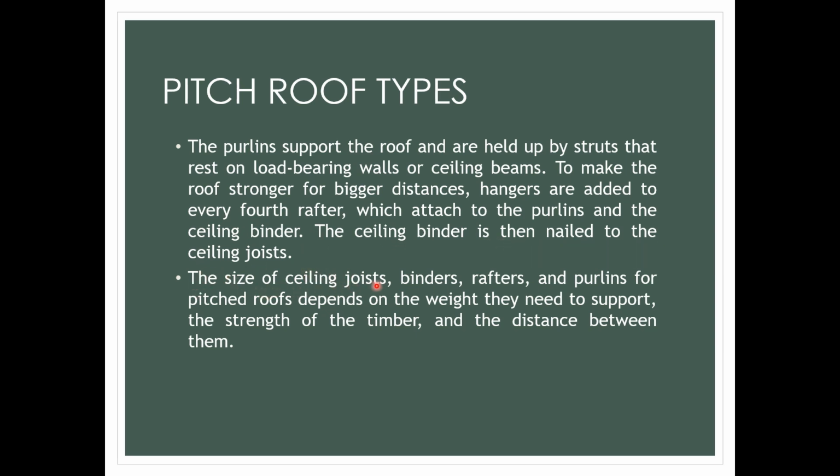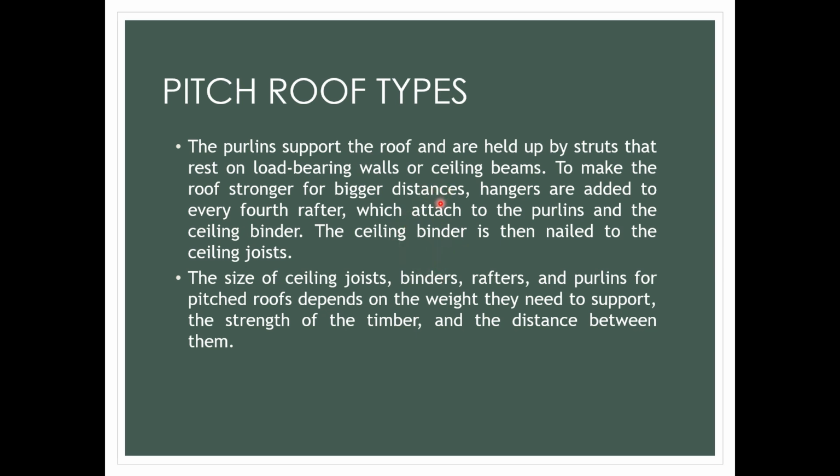The size of ceiling joists, binder, rafters, and purlins for pitch roof depends on the weight they need to support, the strength of the timbers, and the distance between them. So these are the components we have to build in the double roof, to provide a more stable and stronger roof structure.